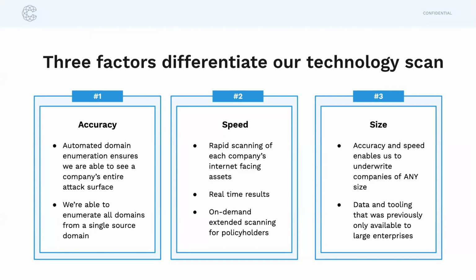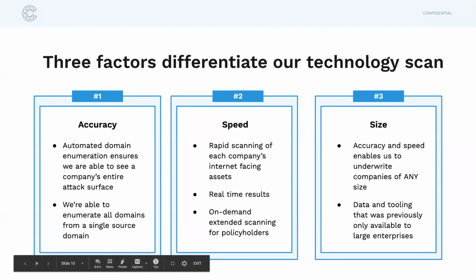And when we talk about accuracy, it's really about understanding our ability to find all the internet-facing assets of an organization, because most of the risk that a company faces is coming from the outside. Sure, there's insider threats and issues, but a majority of the risk from a cyber perspective is really from threat actors outside in.